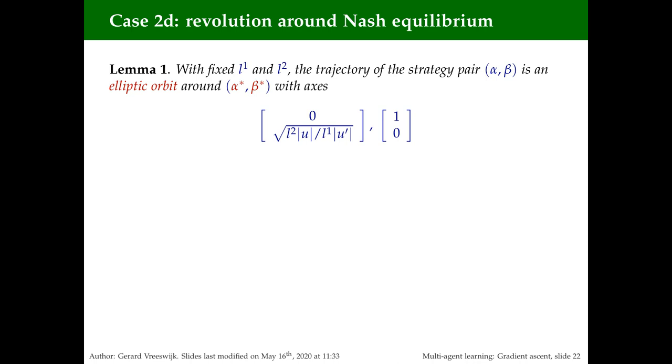Now, in any case, however you choose the learning rates for the first player and the second player, the trajectory of the strategy pair alpha beta is an elliptic orbit around this point, with axes that depend on the learning rates and u and u prime.